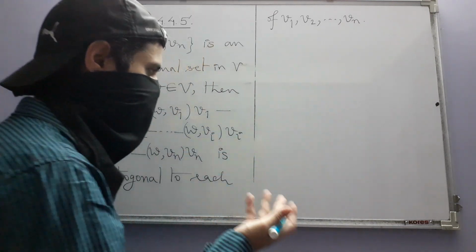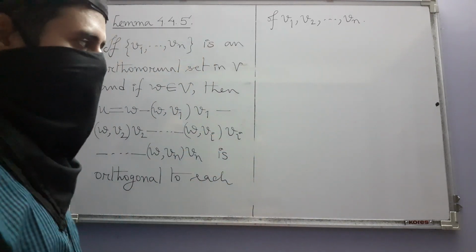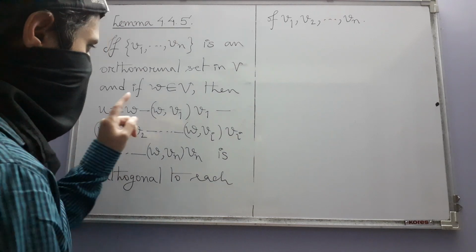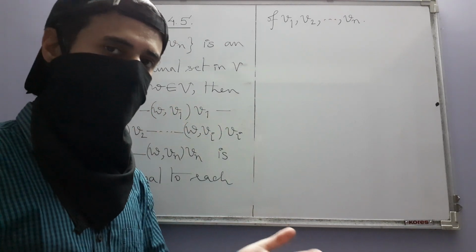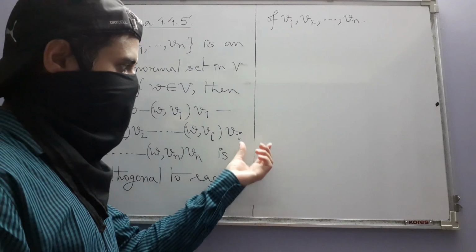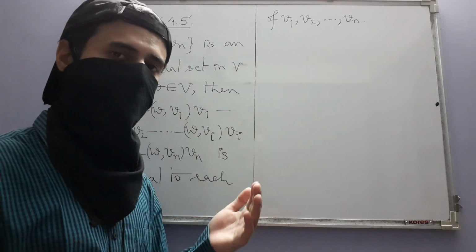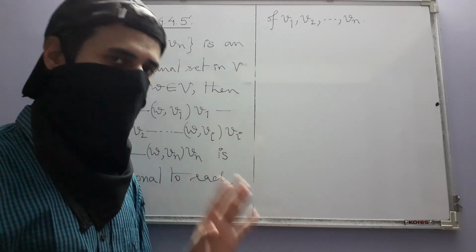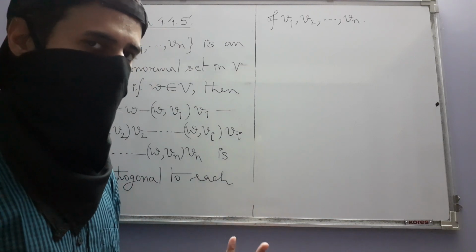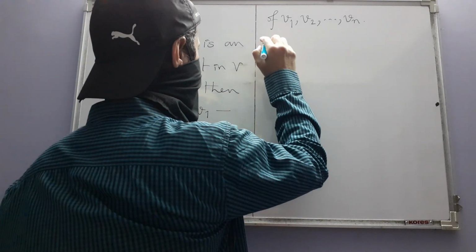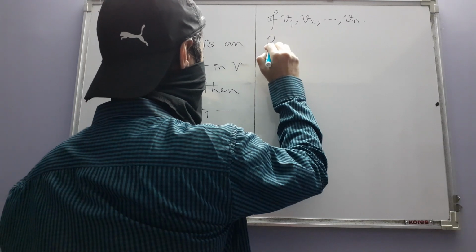The proof is just very straightforward. You need to prove that u is orthogonal to vi for each i. That means you have to calculate the inner product of u and each vi. That should be 0. That means orthogonality. So the proof goes like this.